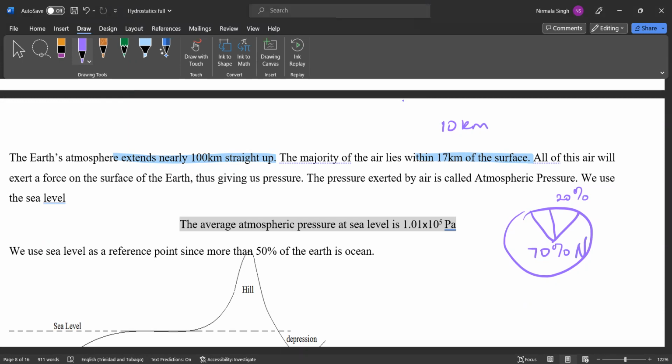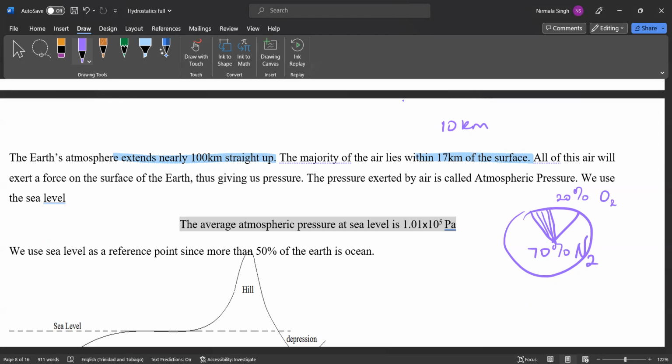Nitrogen. 70% of our atmosphere is made up of nitrogen, 20% is oxygen, and the other 10% is small inert gases, carbon dioxide, and other greenhouse gases.